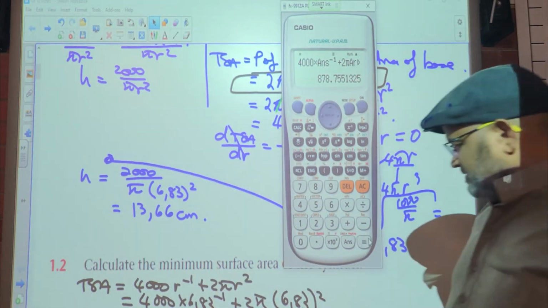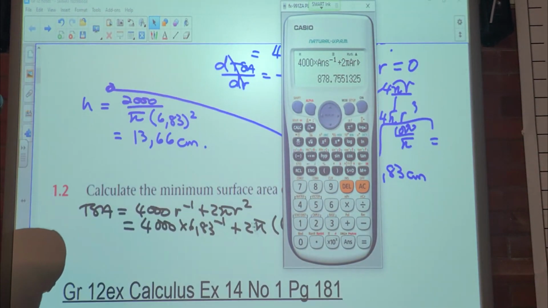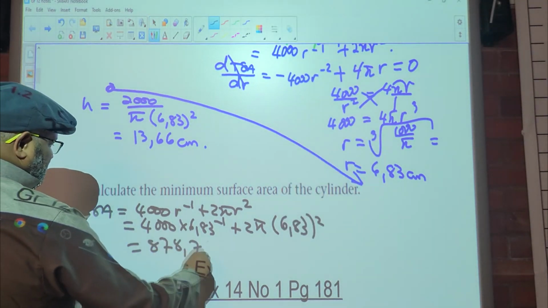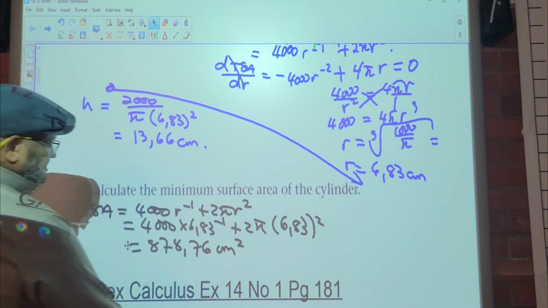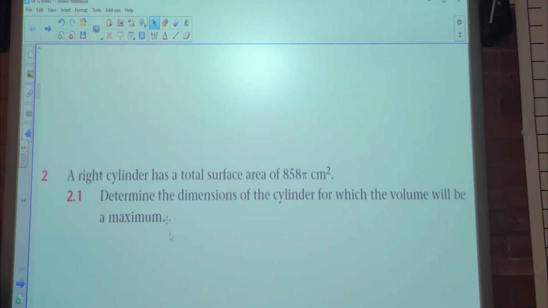Is that correct? 878.76 centimeters squared. Okay. 1 point. Okay, so that's it.